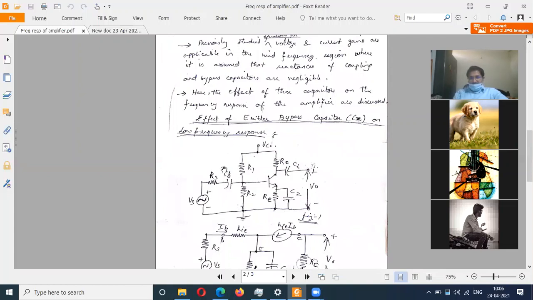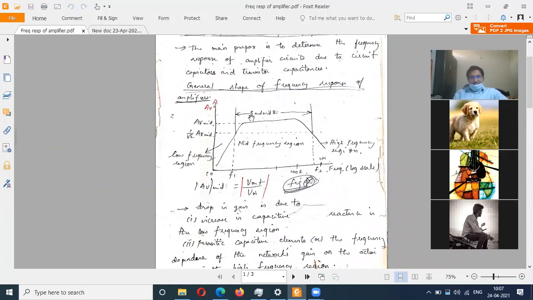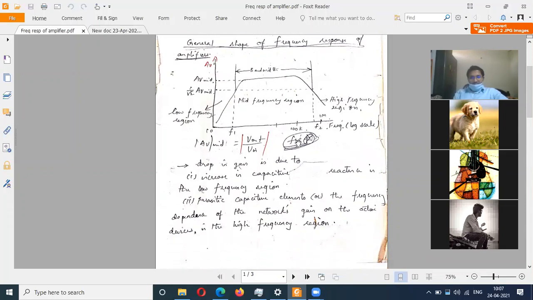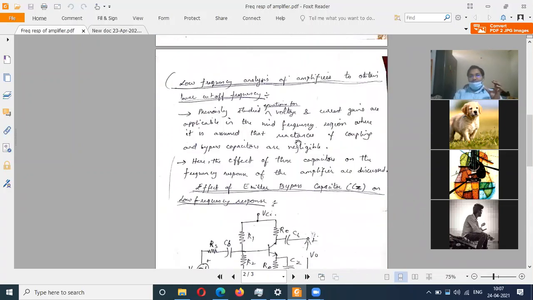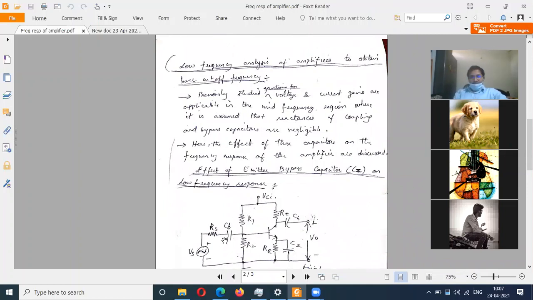The impedance offered by a capacitor is 1 by j 2 pi f C. Now, when f is sufficiently large, the denominator is large, so the overall impedance is small. The impedance here is 1 by j 2 pi f C_B.